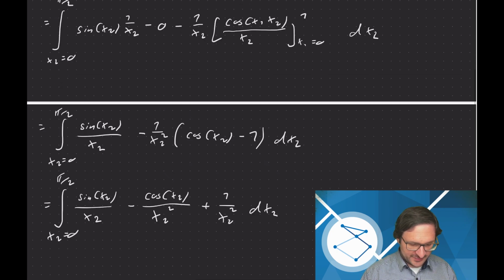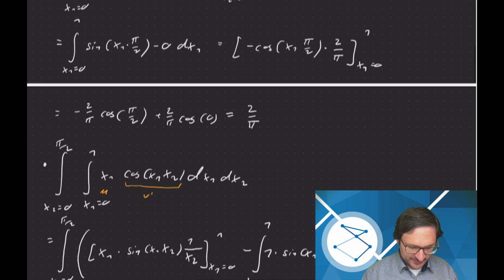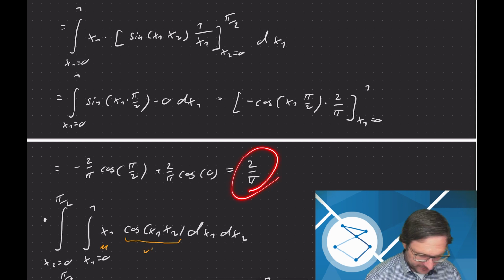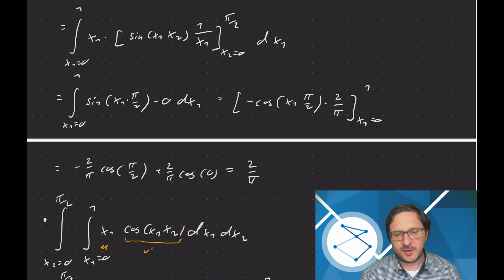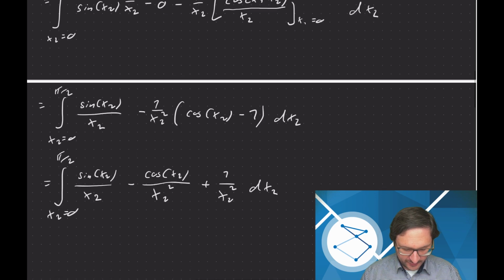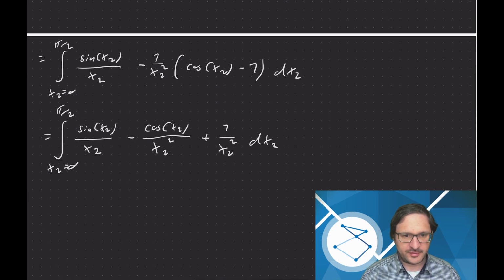And what we saw here is in the first attempt with this order, integrating with respect to x2 first and then with respect to x1, we arrived at the result 2 over pi pretty seamlessly. Not much of a problem here. When we tried the other order, we arrived at an integral that we are seemingly unable to solve.